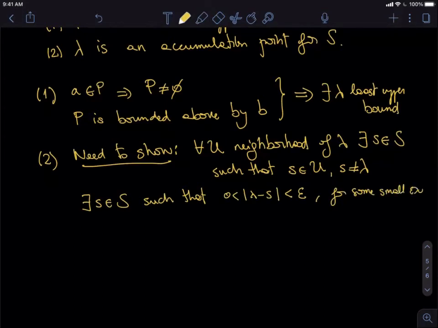We use this letter epsilon always when we mean a small quantity.